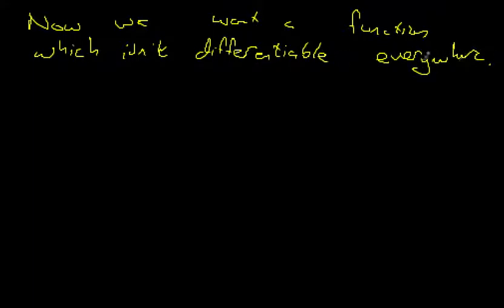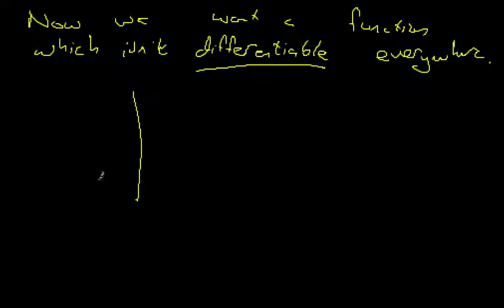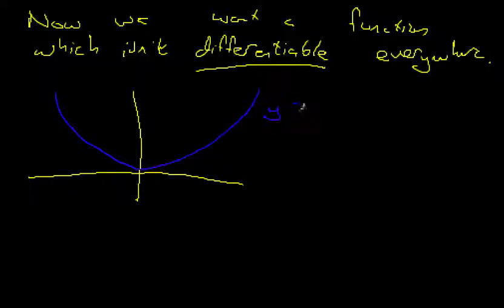Differentiable means the derivative exists. So for example, in this graph of say y equals x squared, not bad, y equals x squared, this is y, this is x.